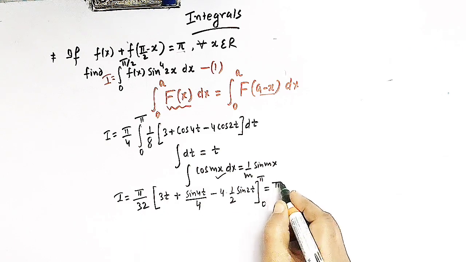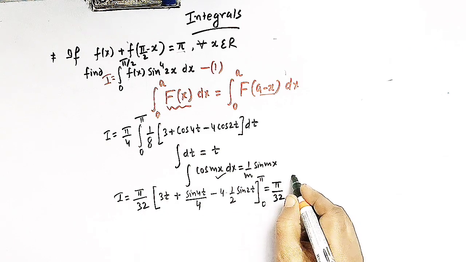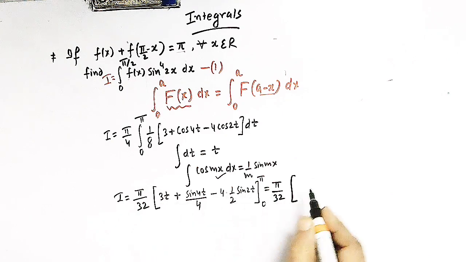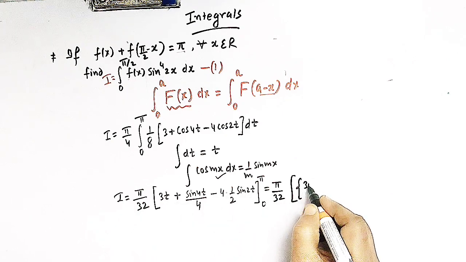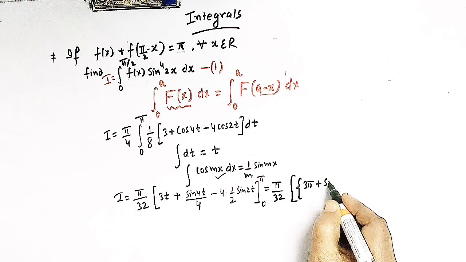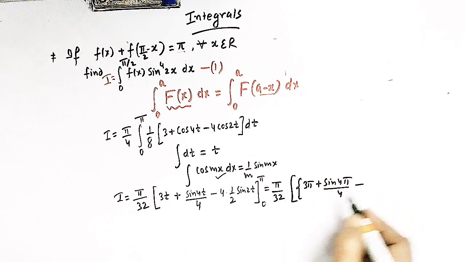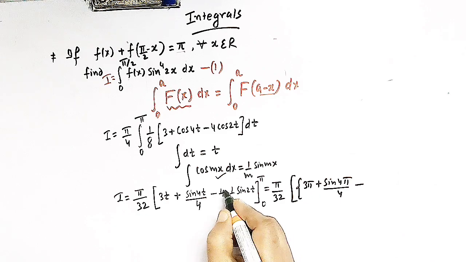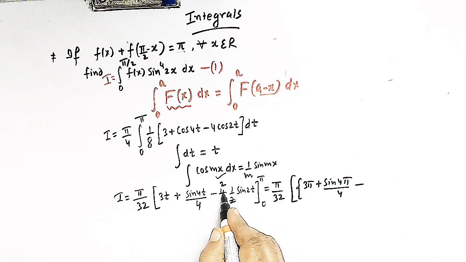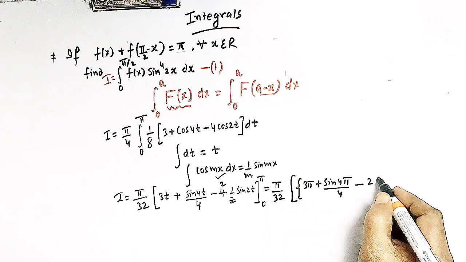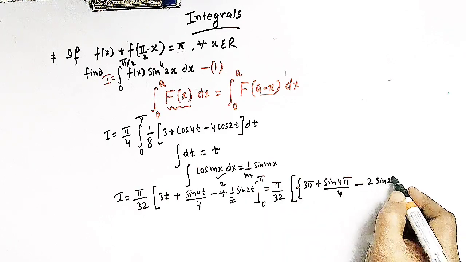So we have pi over 32, and first we'll take t is equal to pi in this expression. So we have 3 pi plus sine 4 pi over 4, and here we have 2 times 2 is 4, then 2 sine 2t, so this is 2 sine 2 pi.